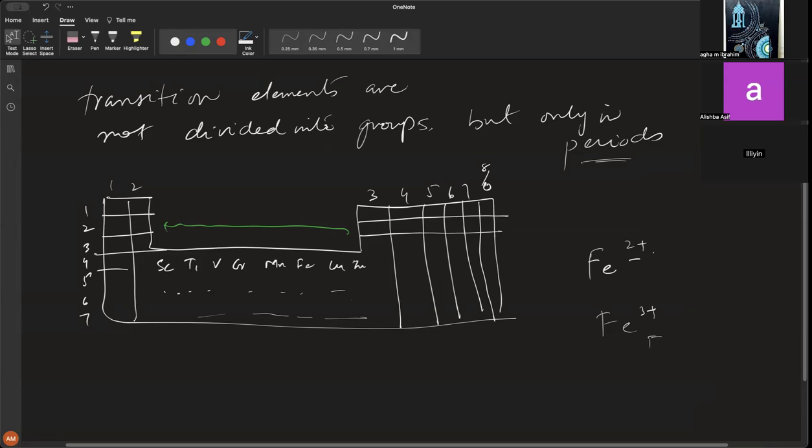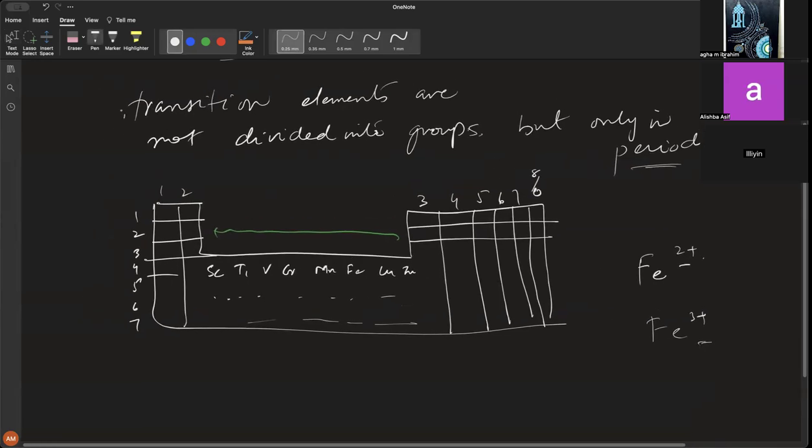So transition elements are basically elements between group 2 and group 3.